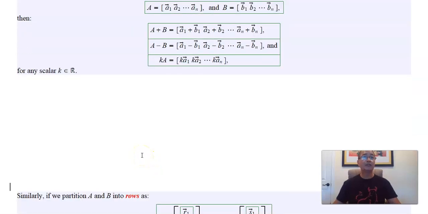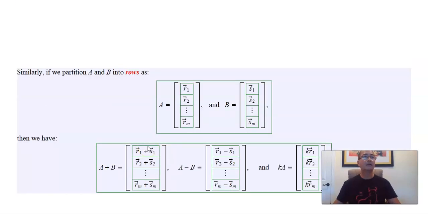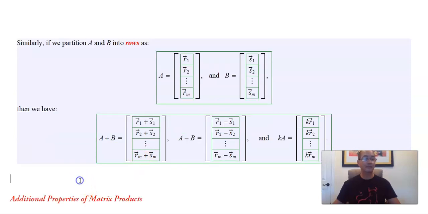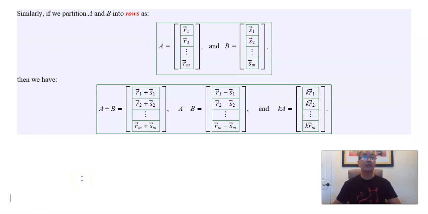Now, how about if you partition into rows? So, of course, there is a similar theorem. If you have A and B partitioned into rows, R1, R2 to Rm, and B into S1, S2 to Sm, then what will you find in A plus B? In row 1, it's just R1 plus S1. In row 2, it's just R2 plus S2, and so on. Same thing with the difference, and same thing with the scalar product.